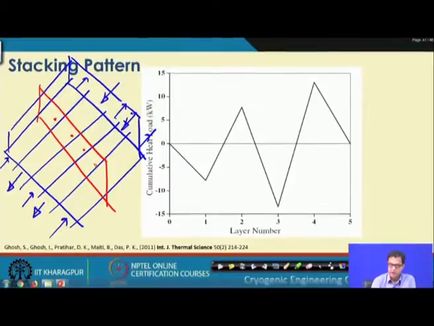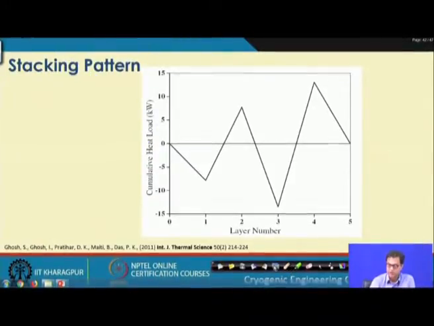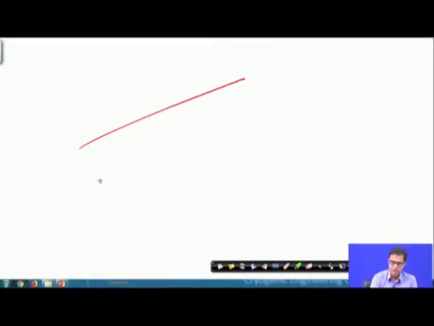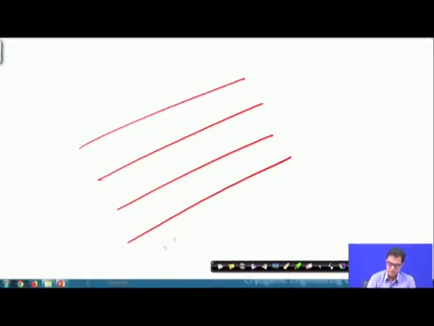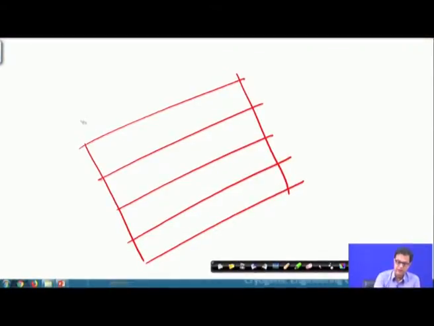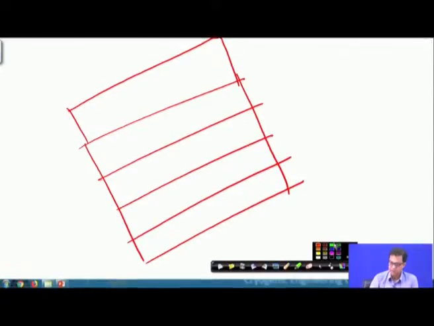You can understand that these are the separating plates, and we have already calculated the inlet and exit temperatures, and our simulation was also able to calculate the plate temperatures.